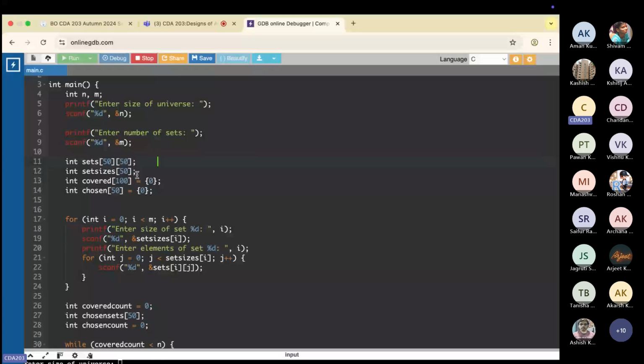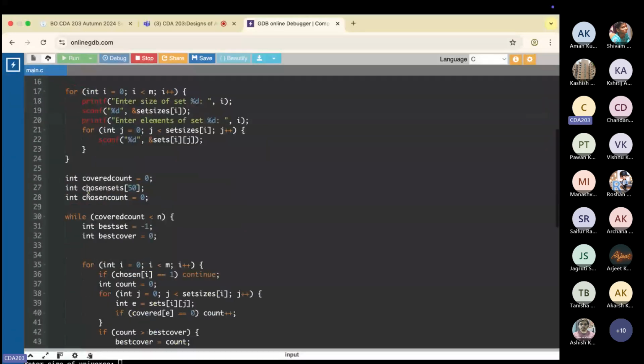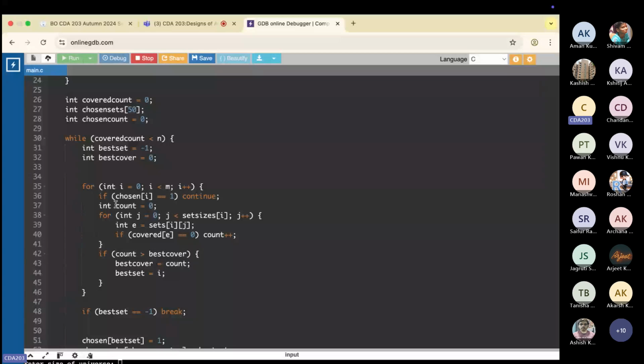We maintain it with this array, and we also maintain two additional arrays to cover and to select which one is to be selected. That's done with the chosen one. And here we just enter that array. Okay, now here the original part starts.